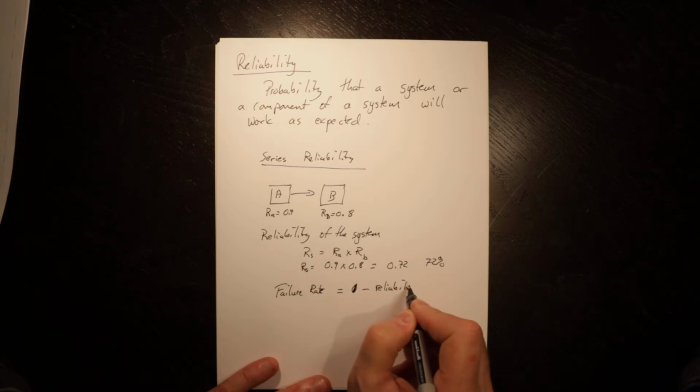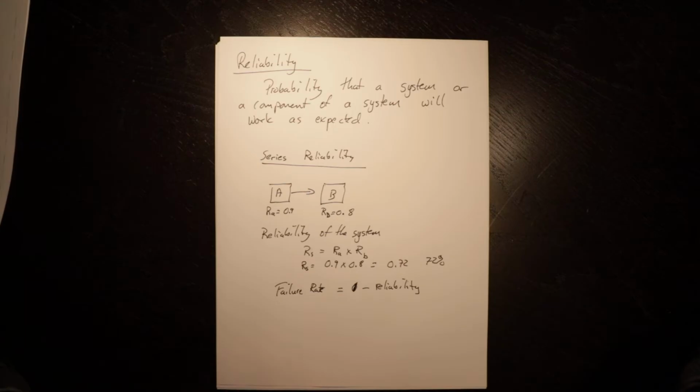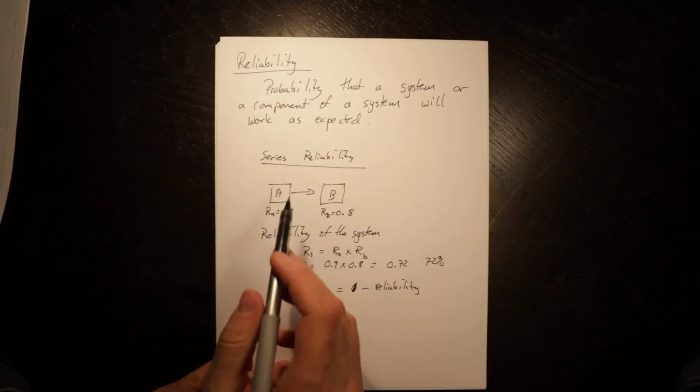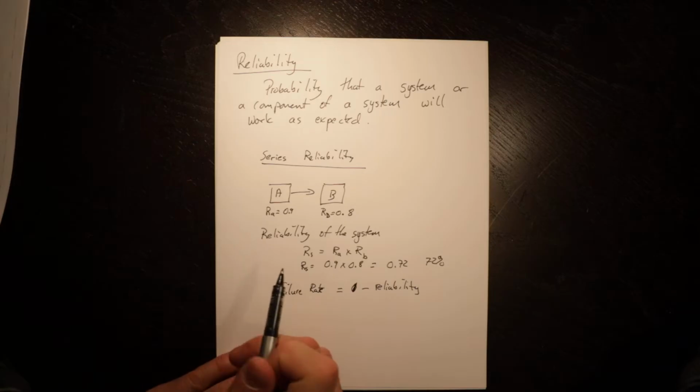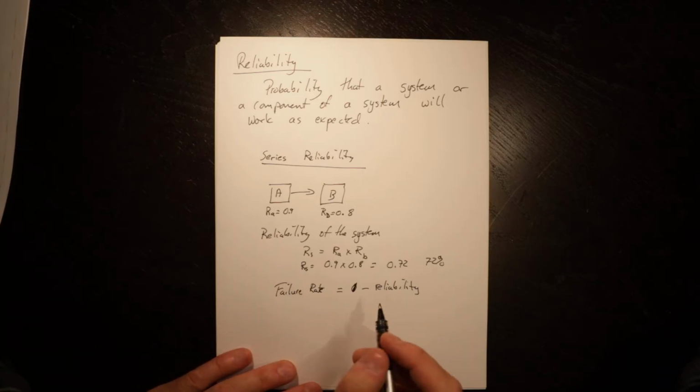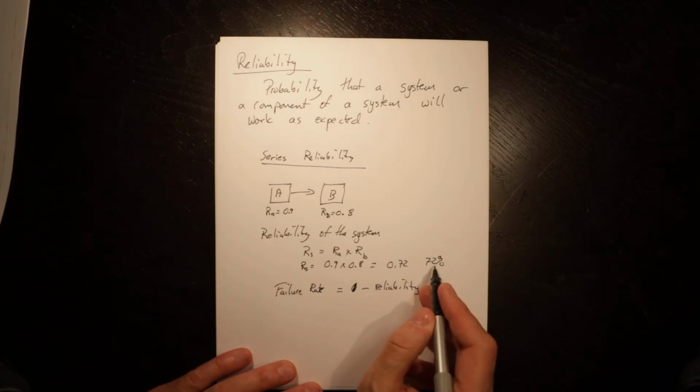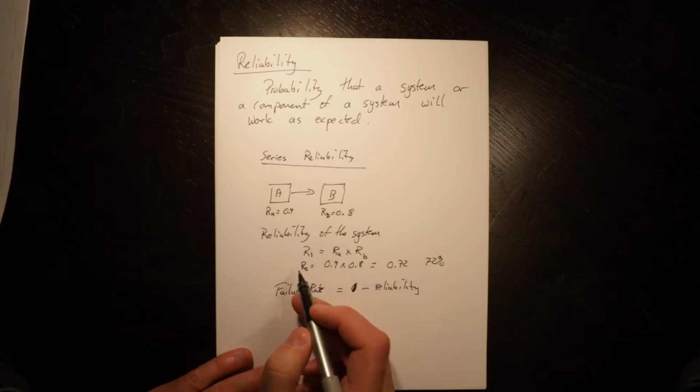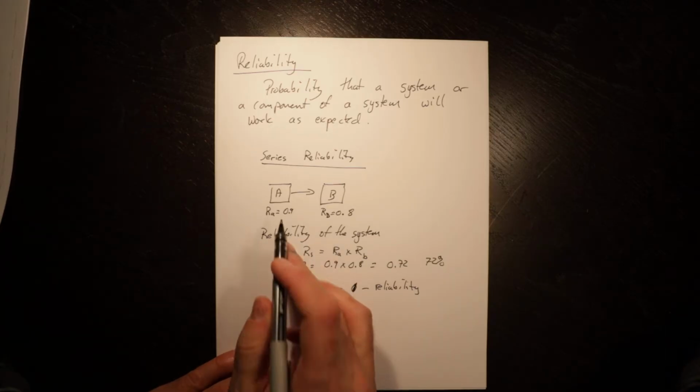So it is just 1 minus the reliability, so they have to sum to 1. So failure rate is the probability that the system fails, which is clearly 1 minus the probability that it works as expected. And so in this case, if I was to say the failure rate of A is 0.1, you would know to put 0.9 in there.